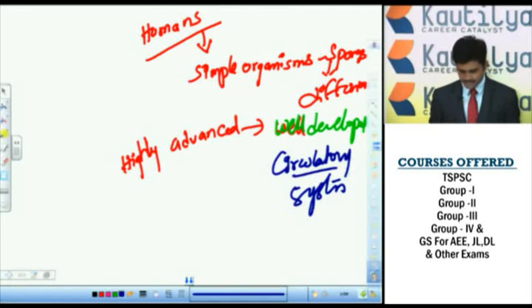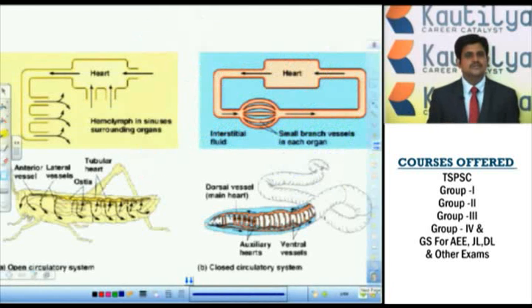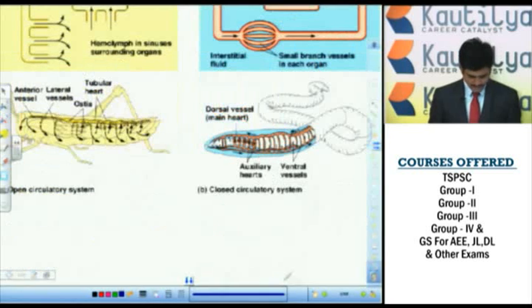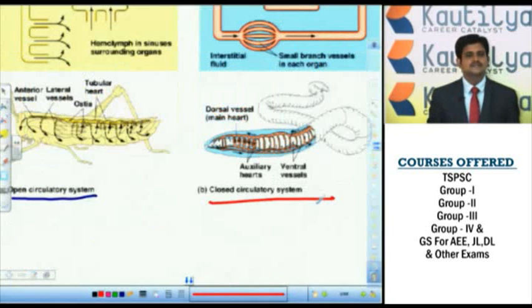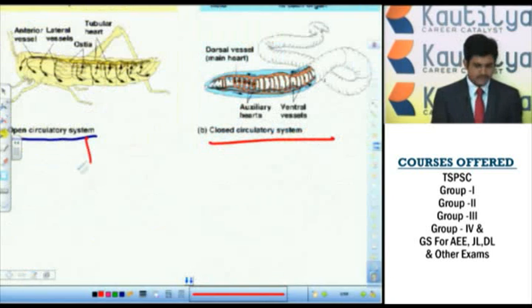And there are two types of circulatory systems. One is the open circulatory system and the other is the closed circulatory system. In the open circulatory system, blood doesn't flow through vessels like veins and arteries.